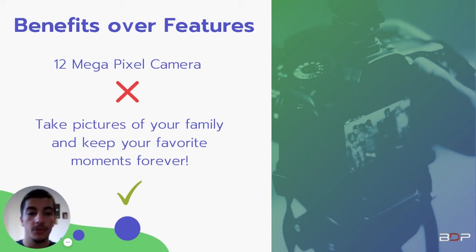So for example, people don't buy a camera because it's a camera. They buy a camera, let's say, if they want to be a photographer, a wedding photographer, maybe a professional photographer, or maybe they want just to take pictures of the family. No one cares about 12 megapixels. They care about what the camera is going to actually bring to them. Are they going to take pictures of your family? Are they going to take professional pictures? That is what they care about.